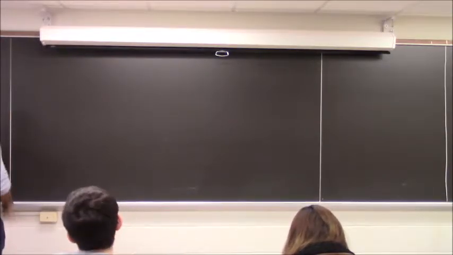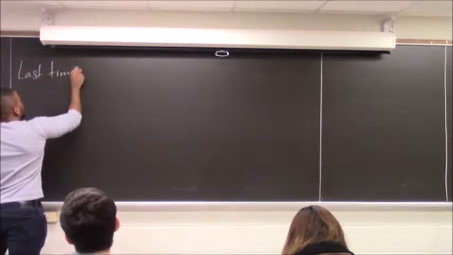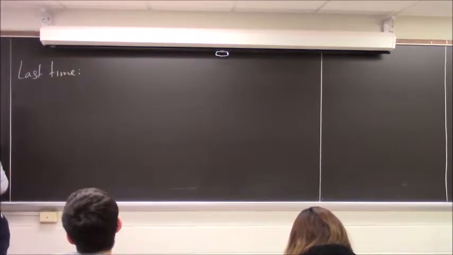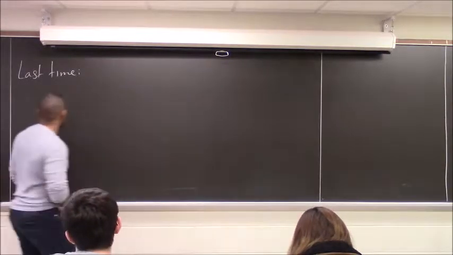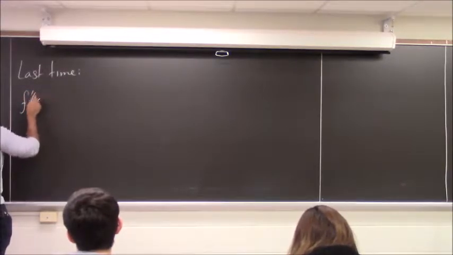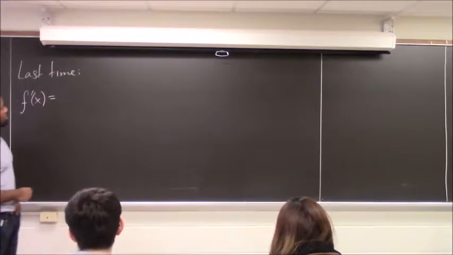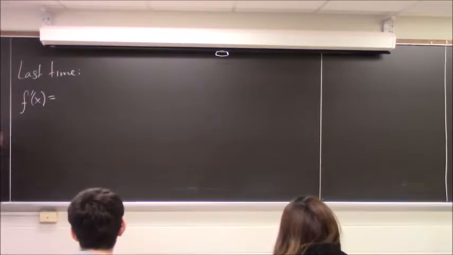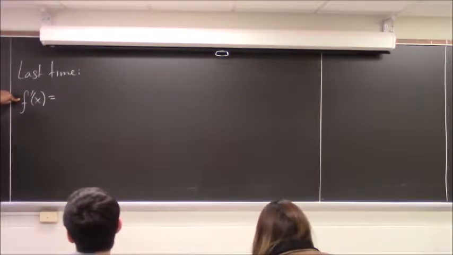But let us continue. Last time, we spoke about something we called the derivative, which was our solution to the rate problem, and we derived the fact that for a function f of x, for a special function, we can find something called f prime of x, the derivative of f.